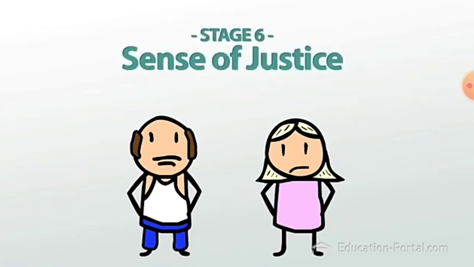Stage 6 thinkers develop ethical principles and a sense of justice. Actions are taken because they are right in themselves, not because they help achieve other goals. Though Kohlberg theorized that this stage existed, he had trouble finding people who were always operating at this level. For Lauren to exhibit stage 6 moral reasoning, she'd have to have a real strongly developed sense of injustice of giving her father money for beer.